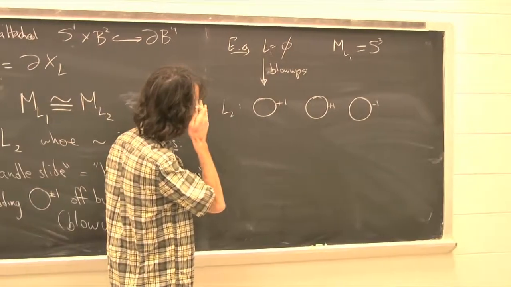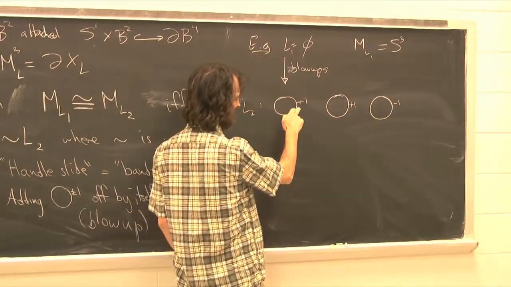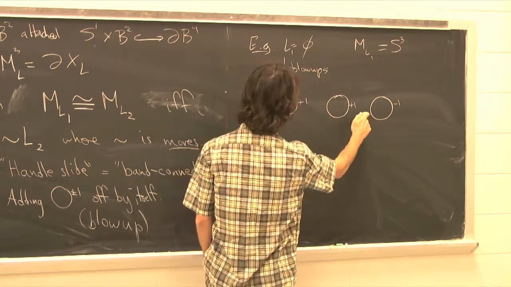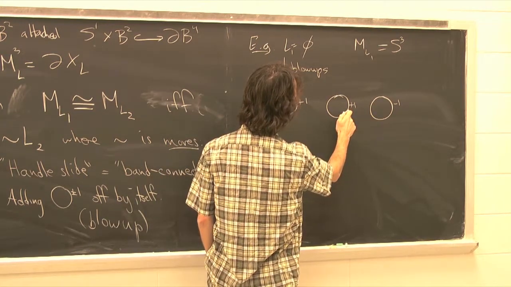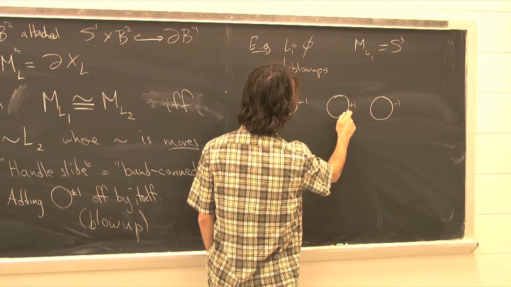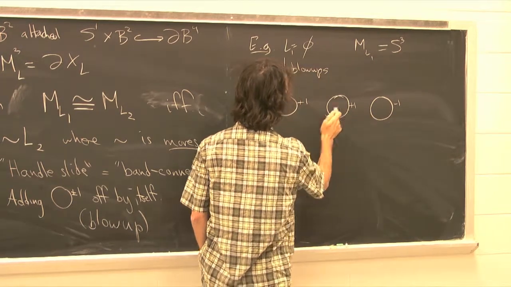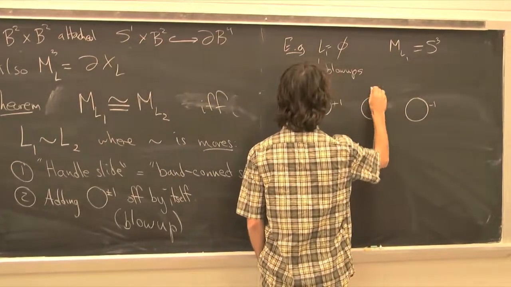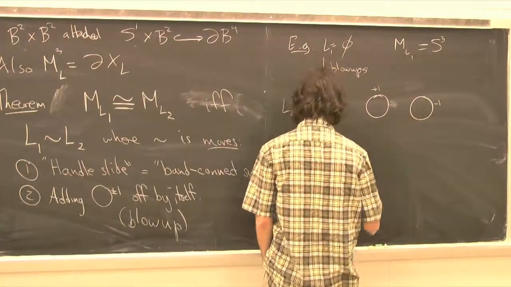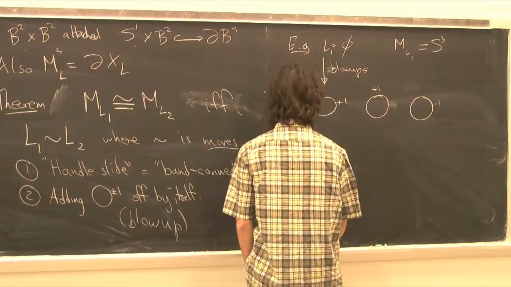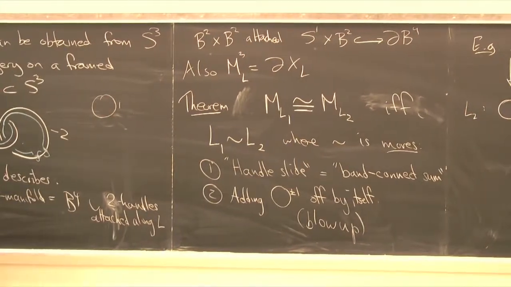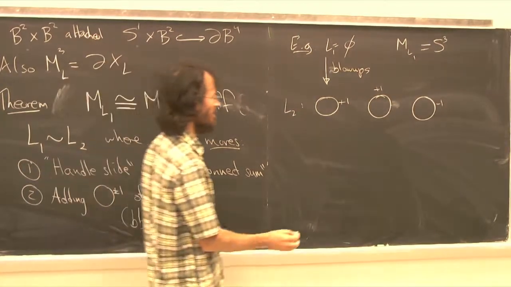So, for example, the first thing I want to do is slide this -1 over this +1. I think we might have done an example like this once before. The way I presented the slide in class is that you draw the framings as parallel push-offs.